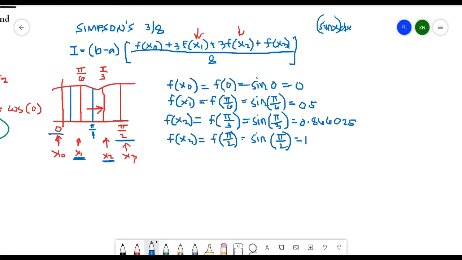So after we have the values now for f of x sub 0, f of x sub 1, f of x sub 2, and f of x sub 3, then we can already solve for the Simpson's 3/8 rule.